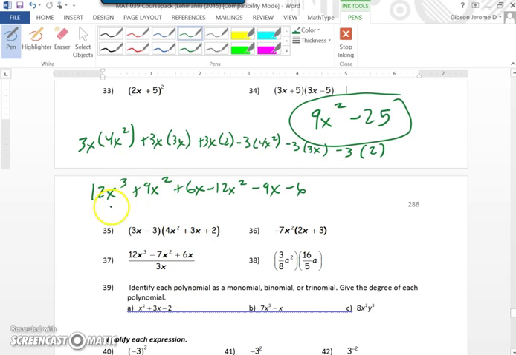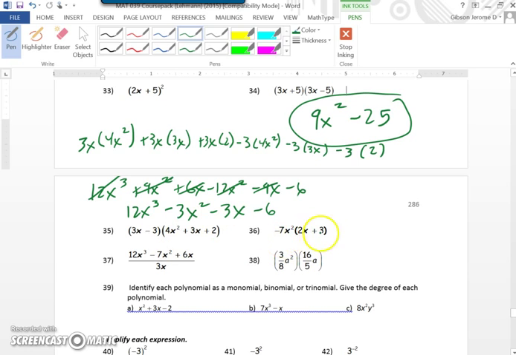So now we combine the like terms. We had 12x cubed. 9x squared minus 12x squared will give us a minus 3x squared. 6x minus 9x will be minus 3x. Then we'll bring down our minus 6. So that took care of problem 35.